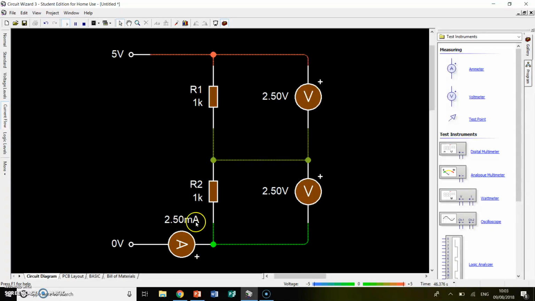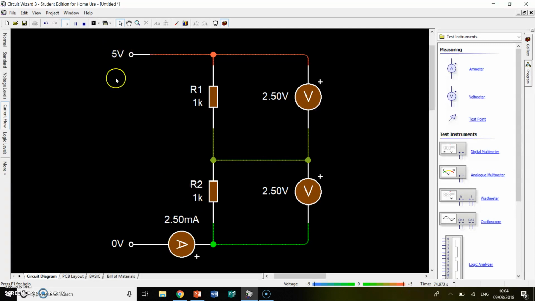I've put an ammeter in because if we're thinking about Ohm's law, the current is the voltage divided by the resistance. And in this case, because the resistors are in series, in other words, the current has to go through one and then through the next one, to get the total resistance, you add those two resistor values together. So we've got 2K, 2 kilo ohms of resistance, and 5 volts.